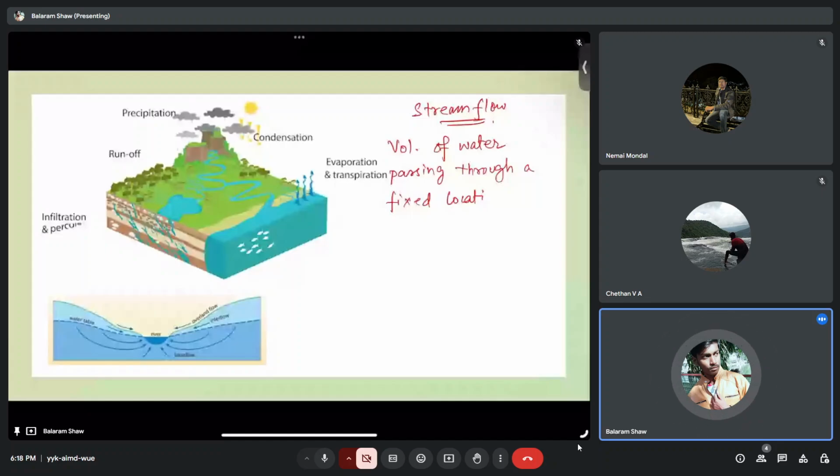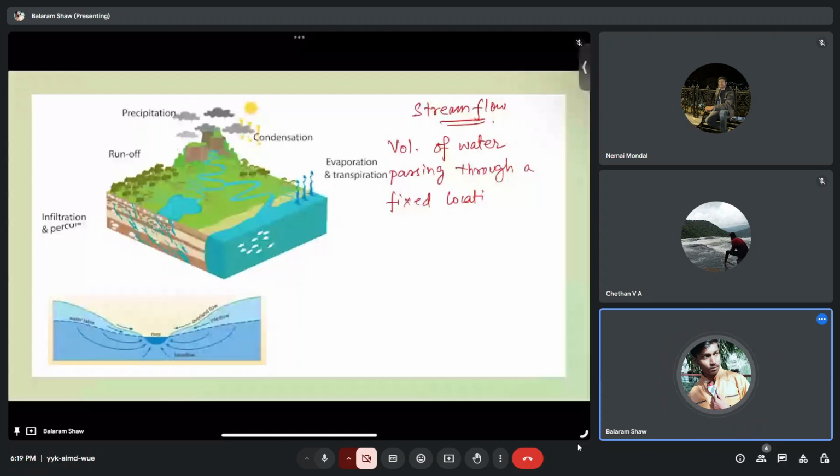Whatever precipitation is coming, the processes involved in stream flow are such that stream flow can be written as the total of the channel precipitation. What is channel precipitation? Channel precipitation means any precipitation that is happening only in the channel, the river or stream. Only that is considered channel precipitation.